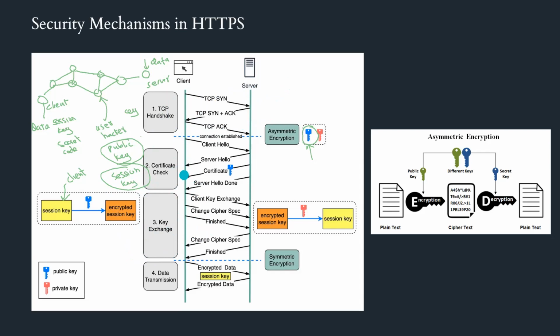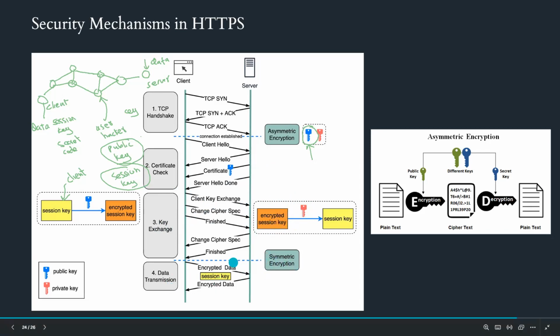In the second phase, the server shares the public key with the client. And in the third stage, the client shares a session key with the server. Once those keys are known at both ends, the communication can start.